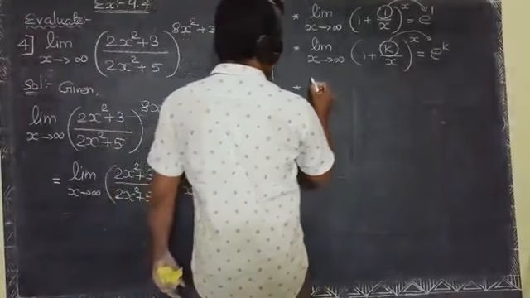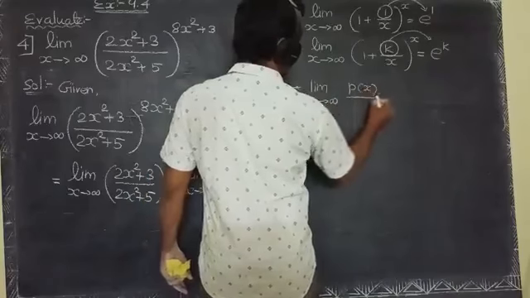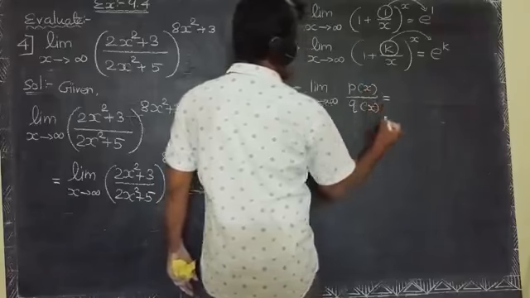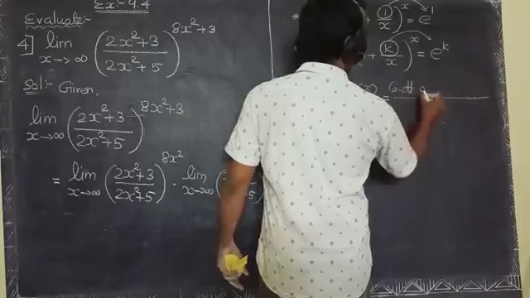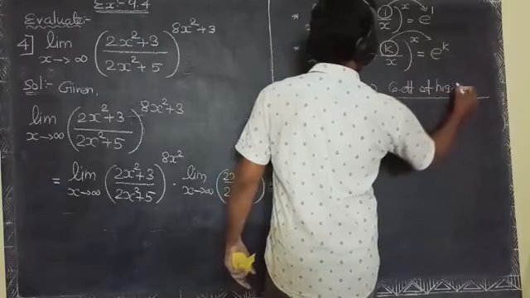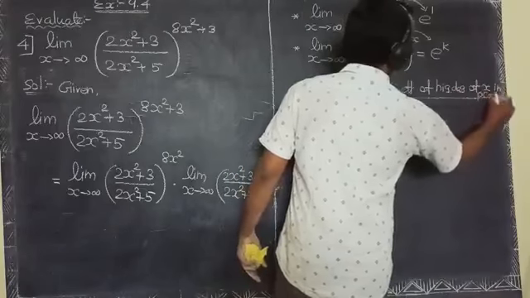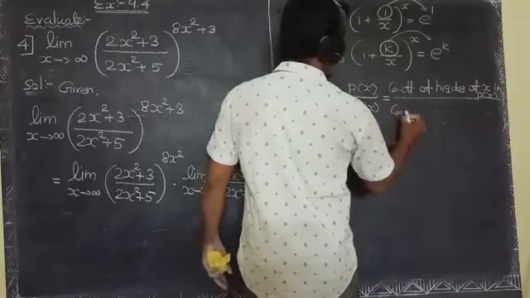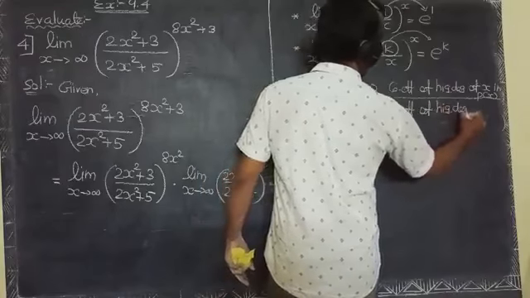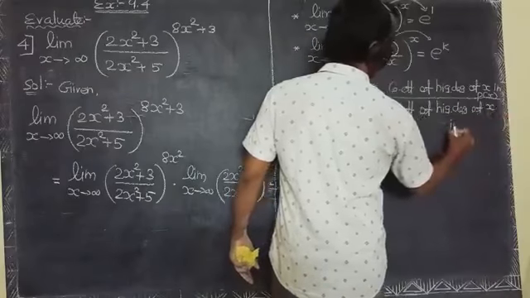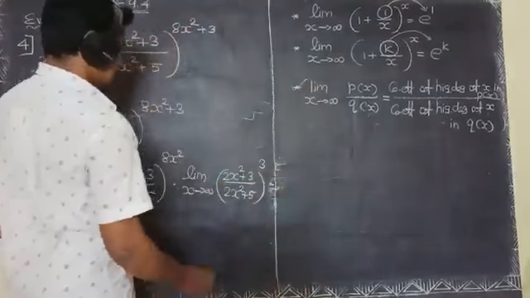Rational function means limit x approaches infinity p of x divided by q of x, which is equal to the coefficient of the highest degree of x in p of x divided by the coefficient of the highest degree of x in q of x.